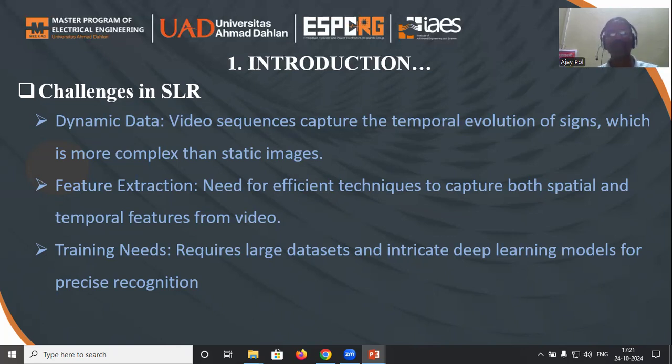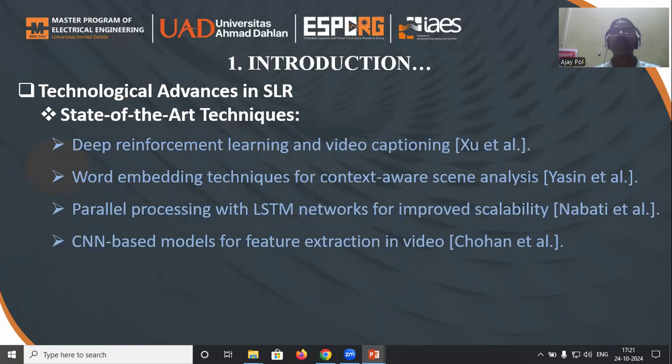Here, in a survey, it is seen that there are some technological advances in SLR, the state of the art techniques. Shu and his team used deep reinforcement learning for video processing and video captioning.